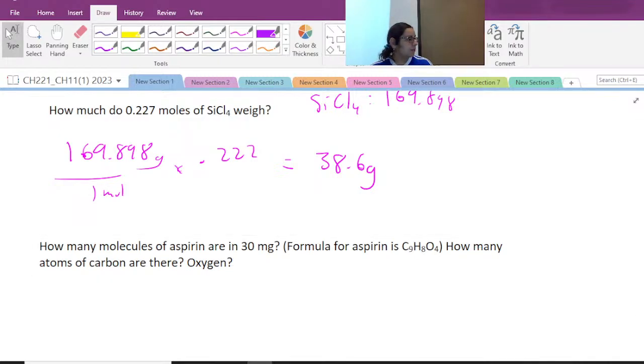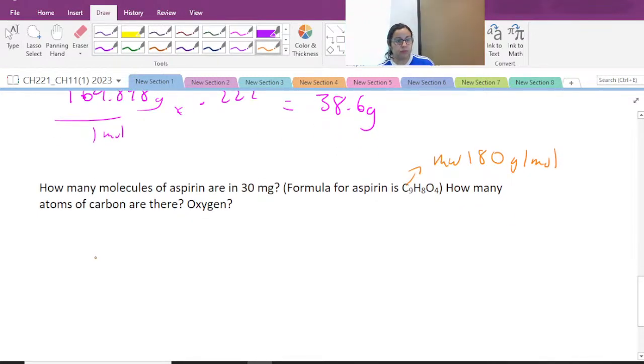And then we're going from milligrams. So we're going to have to do two conversions. So 30 milligrams times, 1 gram equals, and then that makes sense to everybody.